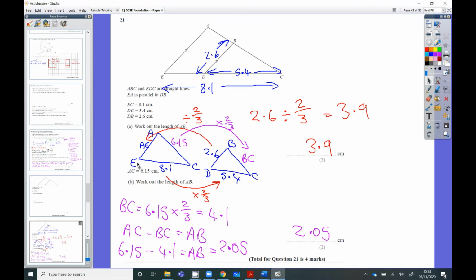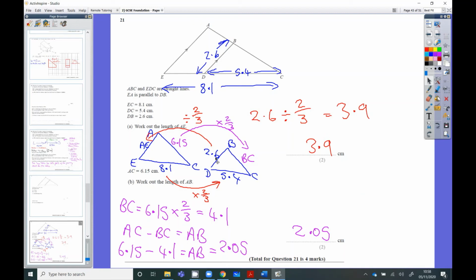So the side we have in common is the base. We know the base is 8.1 for the bigger shape and 5.4 for the smaller shape. Now if we do 5.4 divided by 8.1, we can see that to go from the bigger to the smaller, we multiply by 2 over 3, okay, to make it smaller. Or if you like, you can think of it the other way. To go from the smaller to the bigger, you multiply by 3 over 2 or divide by 2 over 3.